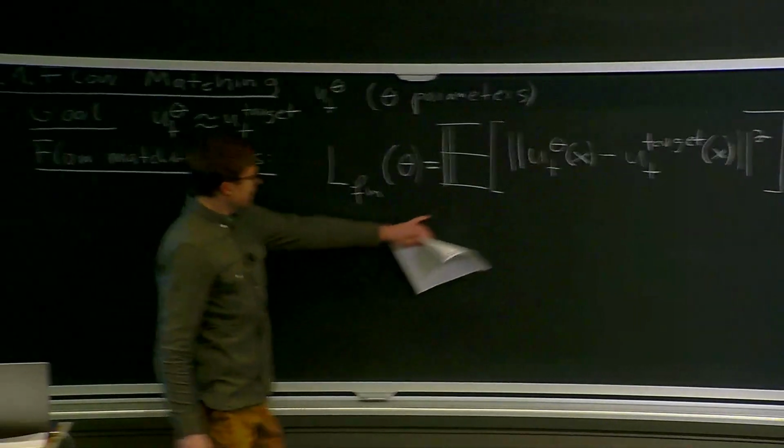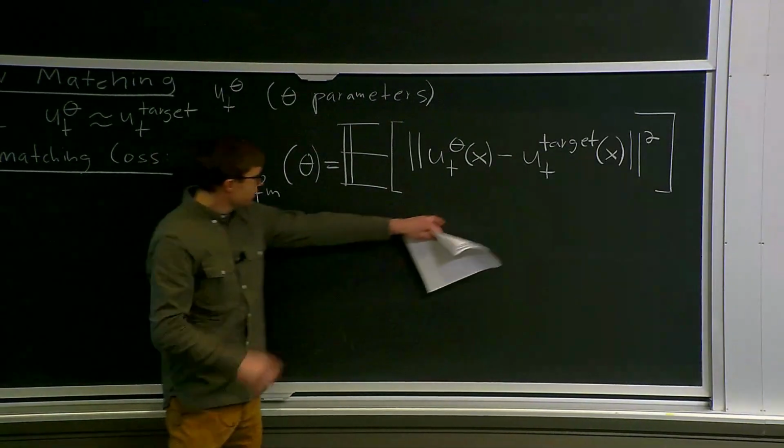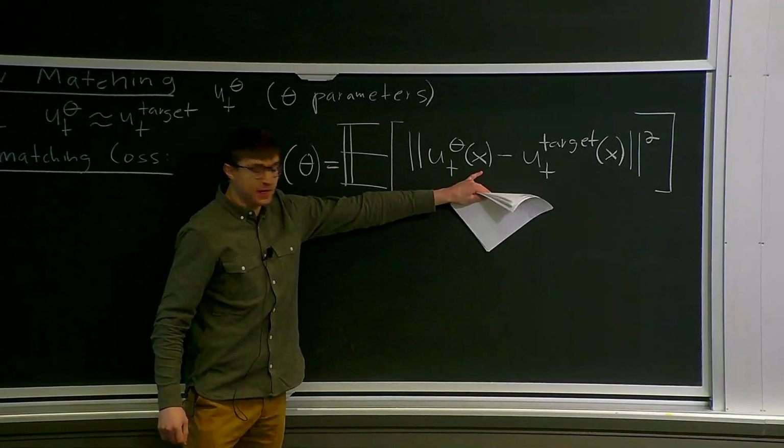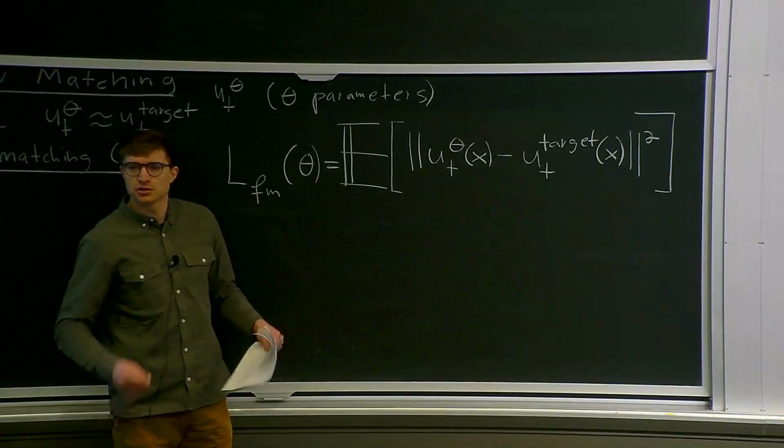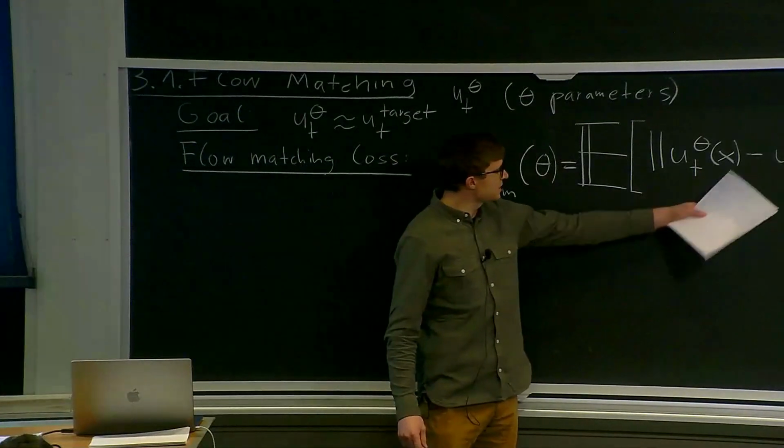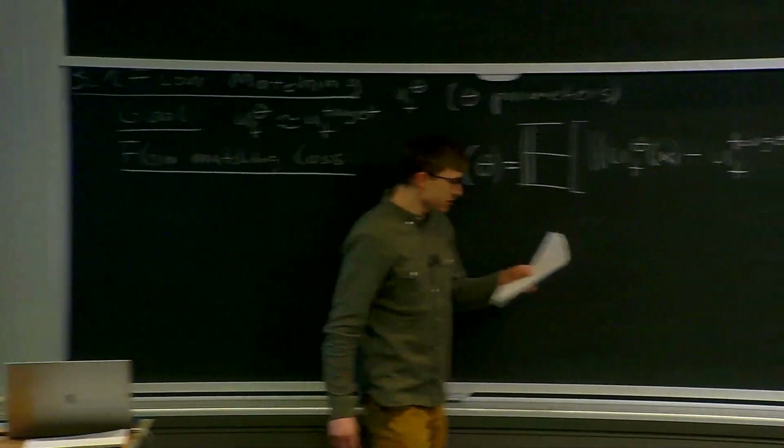And I'm writing here an expected value because during training we need to sample x and we need to sample some t, right? We cannot do all of them together.